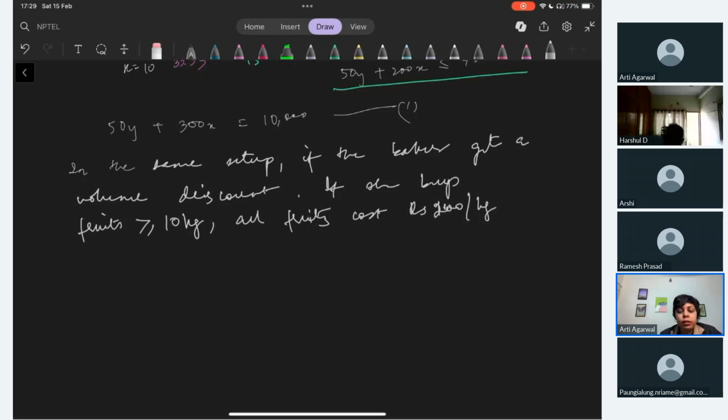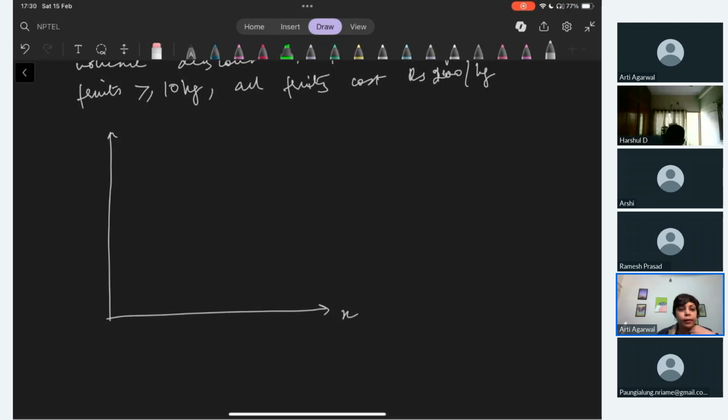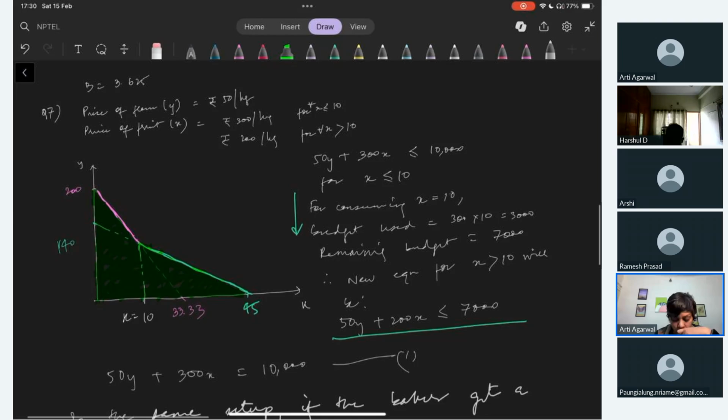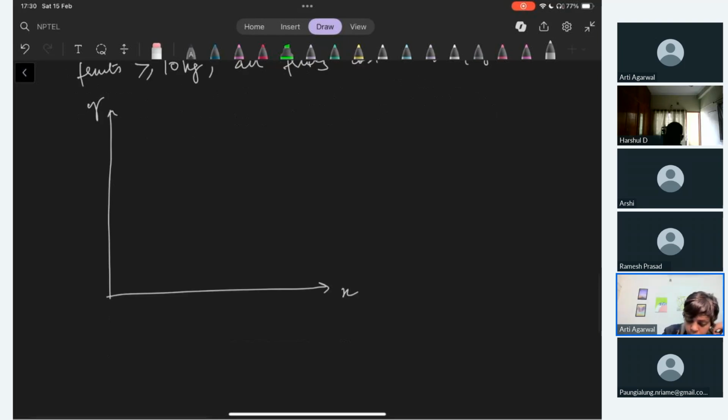So in this case, we have a slightly different setting. It's similar to what we had before, but it's different in the sense that we don't have that kind of a kink now. So what were the intercepts before? It was 250, right? This was 200. This was 50. This was before we did anything.